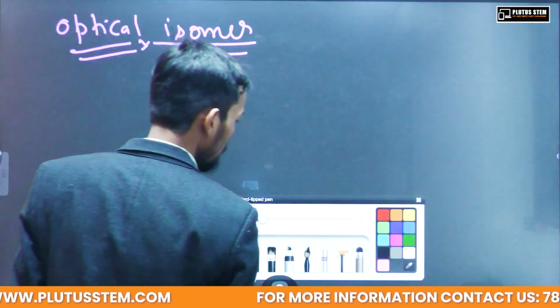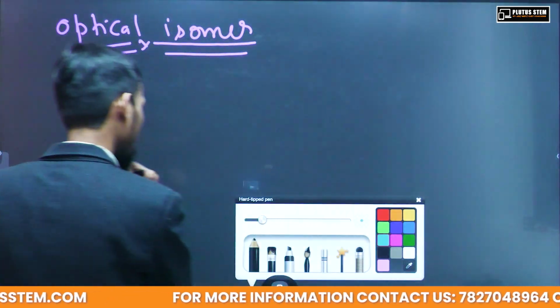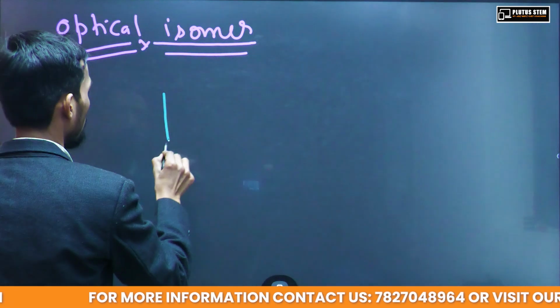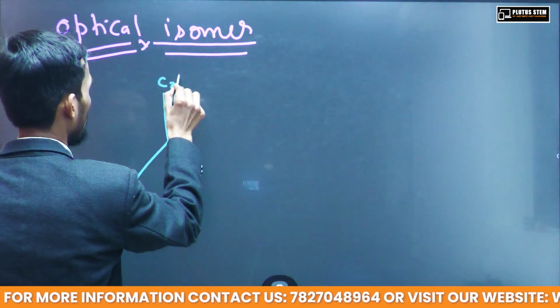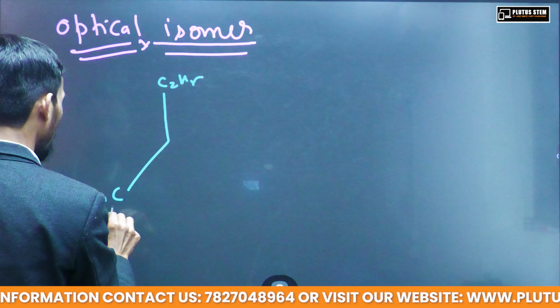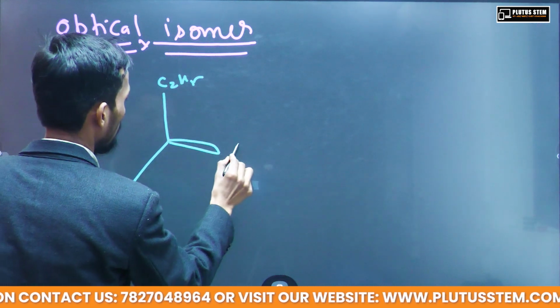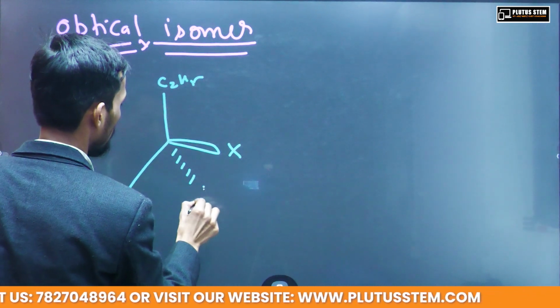In these optical isomers, we are going to see that C2H5, CH3, this is X, this is hydrogen.